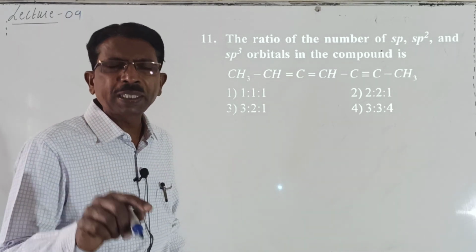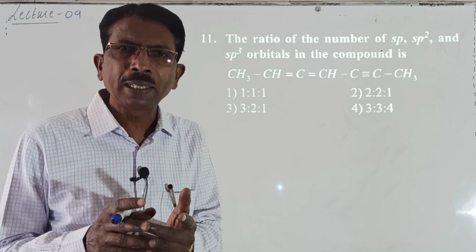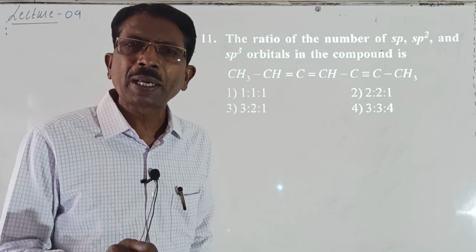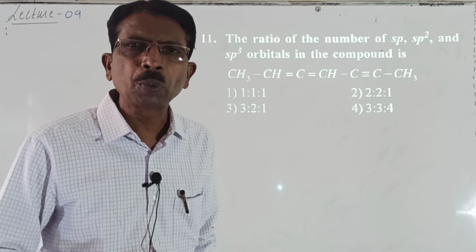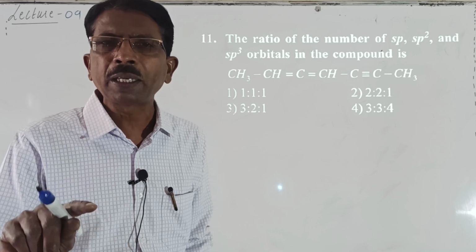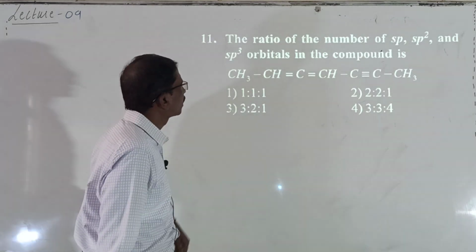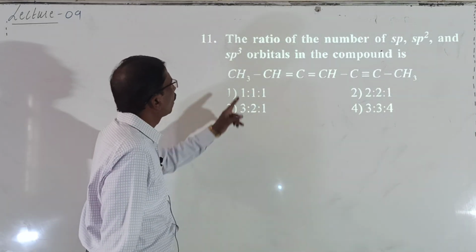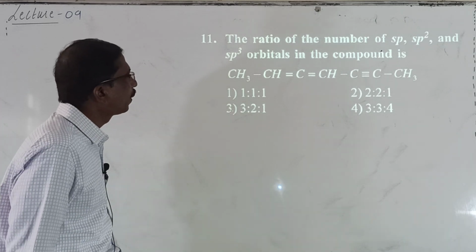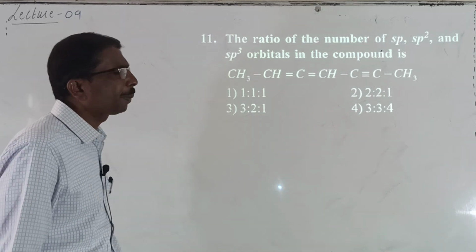Orbitals means sp3 is one s orbital hybridized with 3 p orbitals, meaning 4 orbitals; sp2 is 3 orbitals; sp is only 2 orbitals, 1 s and 1 p orbital. So look here, he has given this compound.